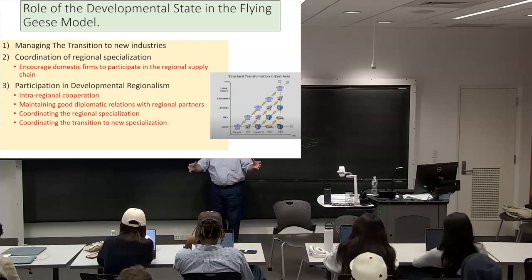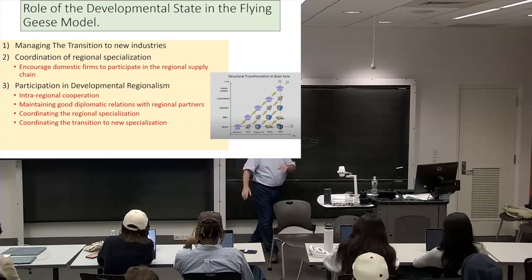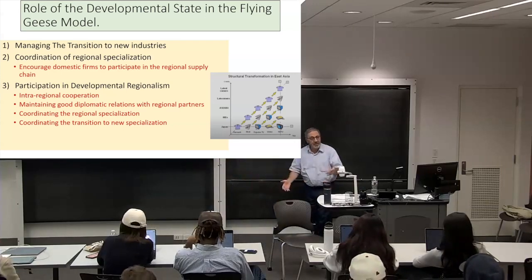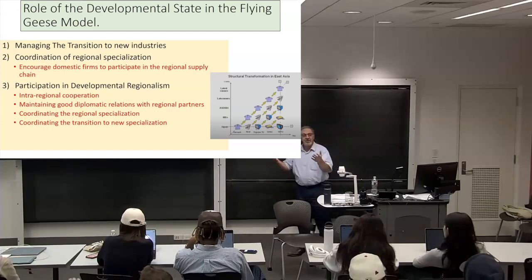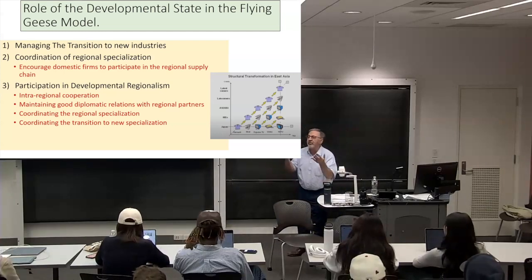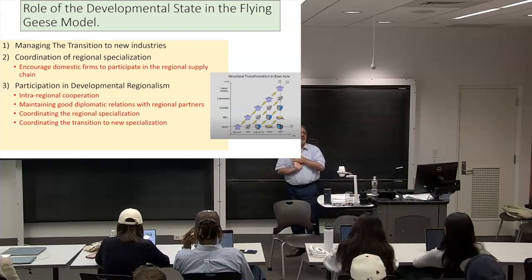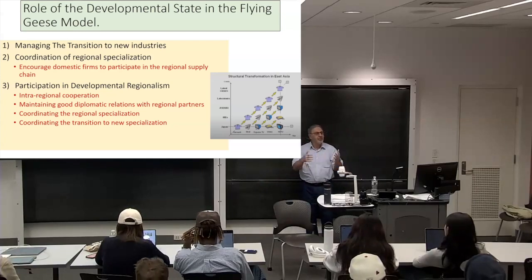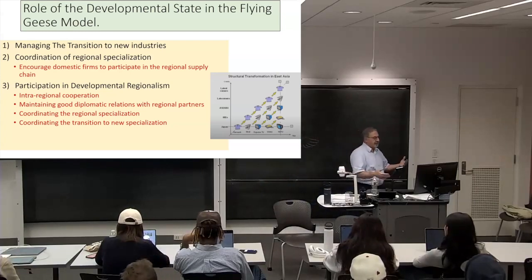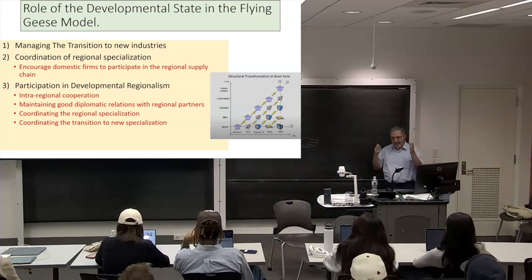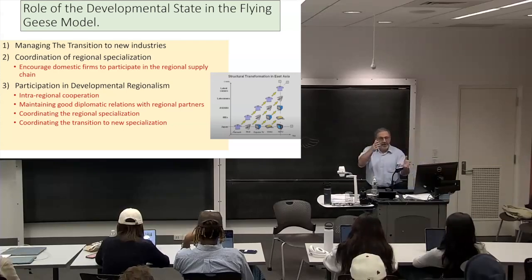All of that requires coordination among governments, regulations, especially regulations for attraction of foreign investment. That's what a developmental state does. It's an active player in this transition of industry.